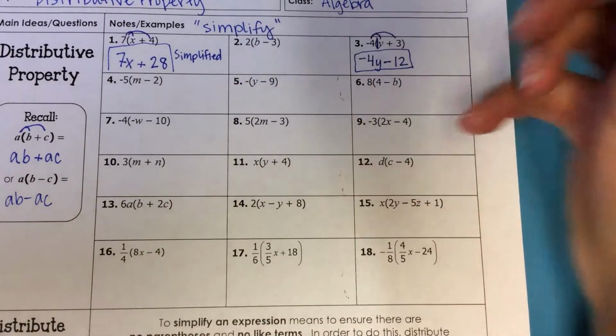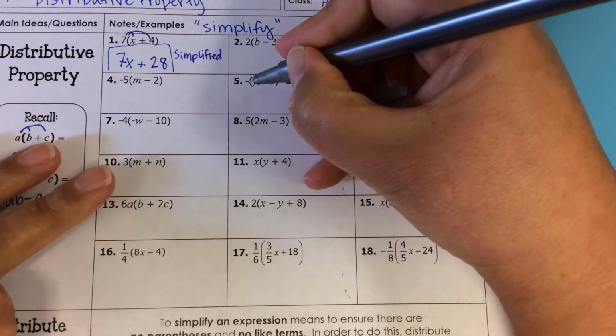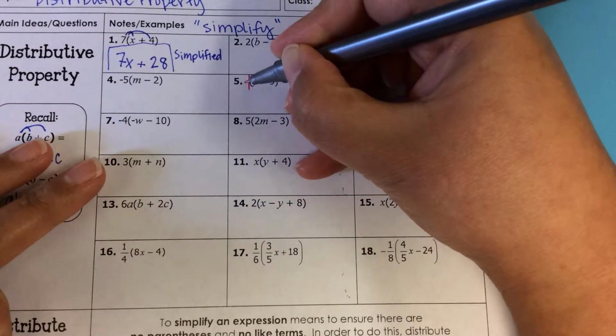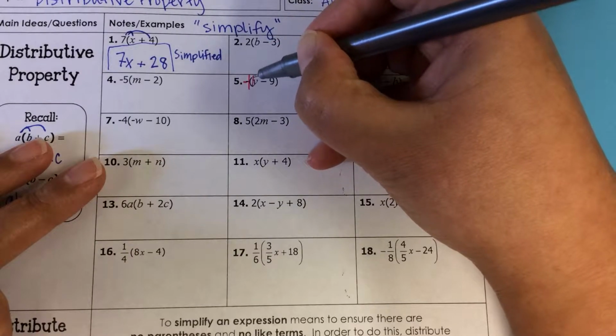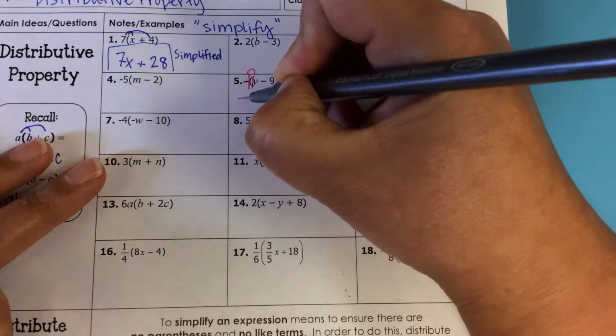If you notice, there's a negative sign outside the parentheses, and some people know what to do with that, other people don't. Usually what we can do is if there's a negative in front of parentheses, we can put a 1 there. That becomes a negative 1, and remember that y, it also has a 1 in front of it. So we're going to take this negative 1, times it by 1, and we get a negative 1.